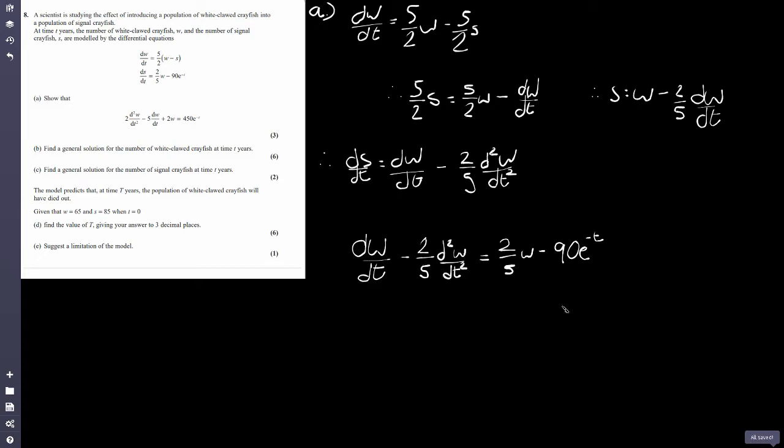And now finally, all I've got to do is keep rearranging it. But before I do that, notice this is 2 lots of the second derivative here, and this is 2/5. So to get it as 2 lots, I need to times through by 5. So if we do that, we're going to get 5 lots of dw by dt minus 2 lots of this.